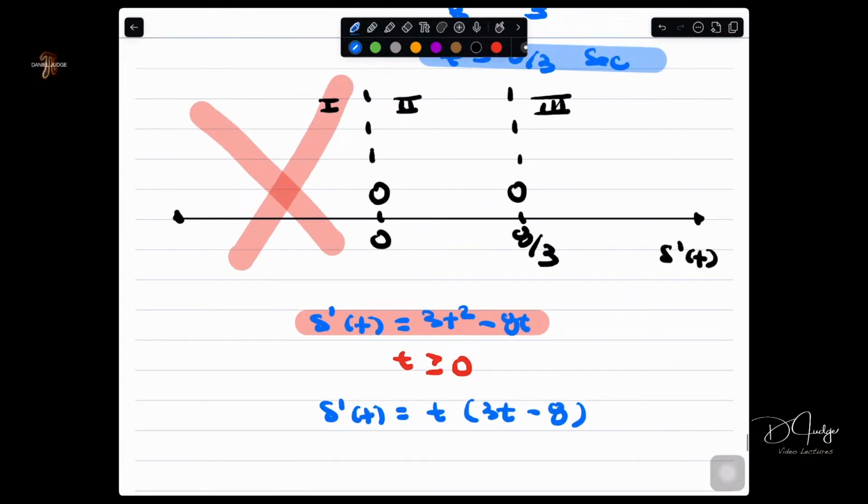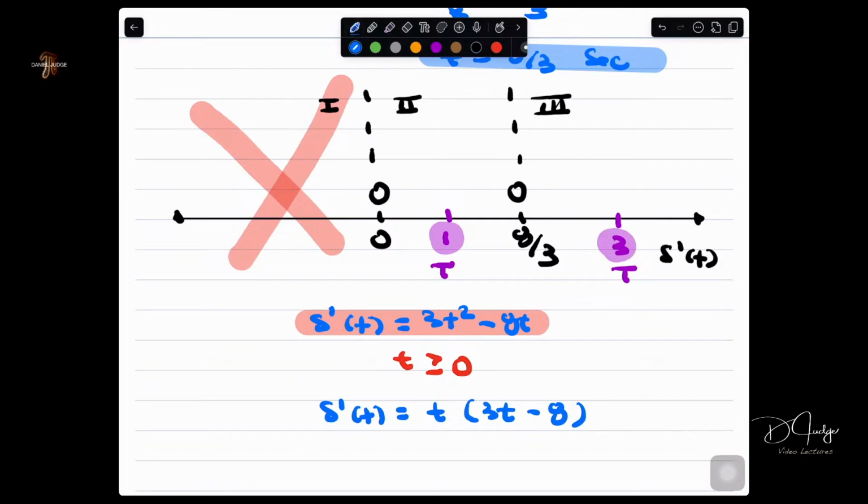So for the sign analysis procedure again, we need to test the signs of each region. Really testing the sign of region 2 and region 3, we need test points. So 1 is available. I'm going to use that as a test point. And then 8/3 is less than 9/3, which is 3. So we got our test point values, 1 and 3.